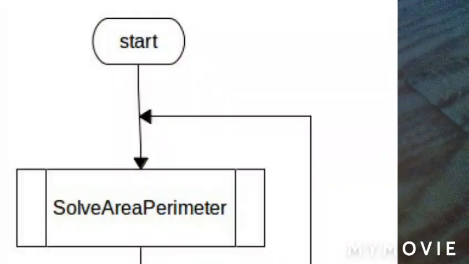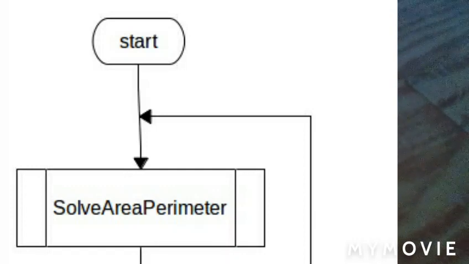So let's go to the main flowchart. Okay, so we will start here. It corresponds with the main. Then the arrow pointing there, it corresponds with the do. Then instead of solving the area and perimeter, you call the function that solves the area and perimeter.